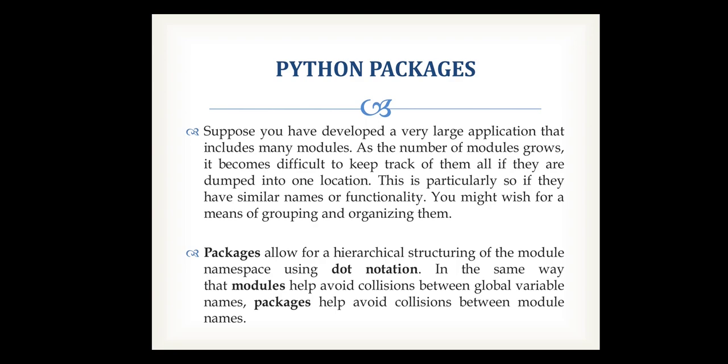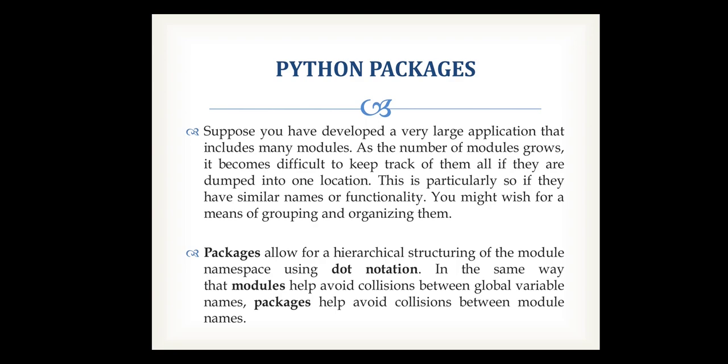So now we are moving towards packages. Python packages: suppose you have developed a very large application that includes many modules. As the number of modules grows, it becomes difficult to keep track of them all if they are dumped into one location. This is particularly so if they have similar names or functionality.